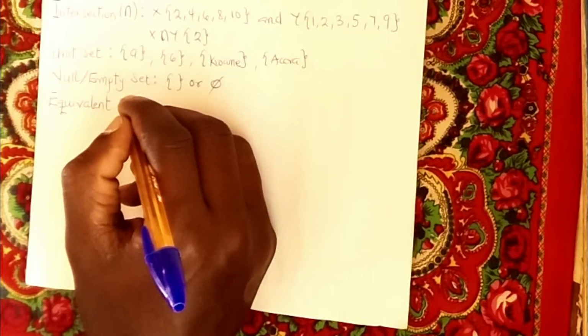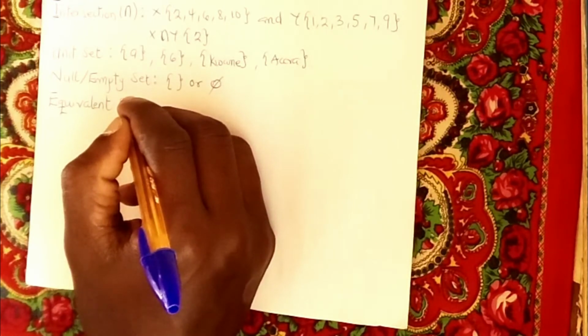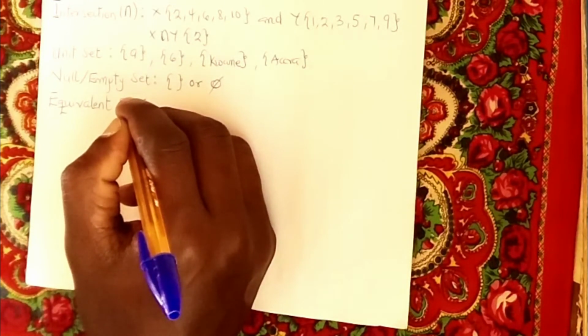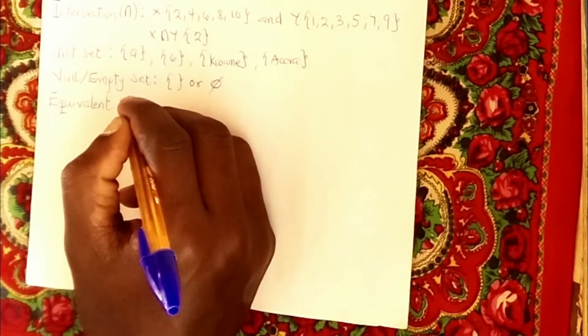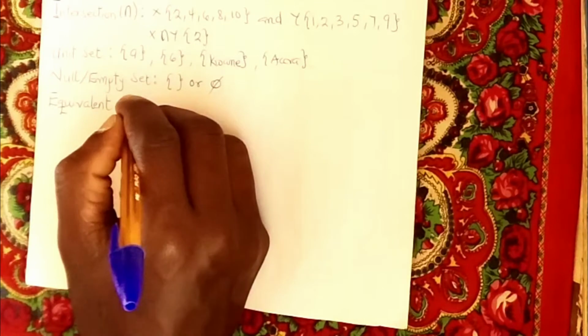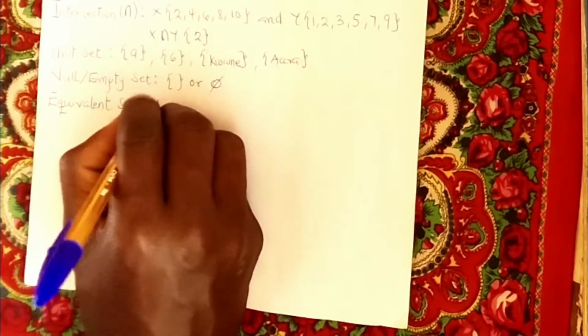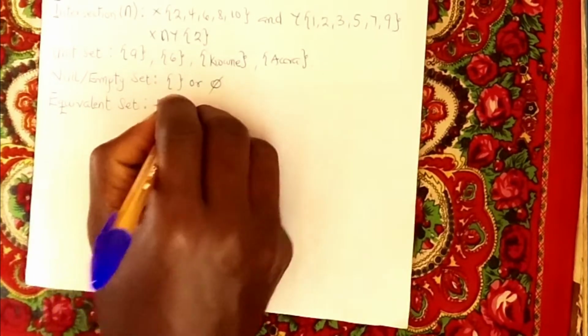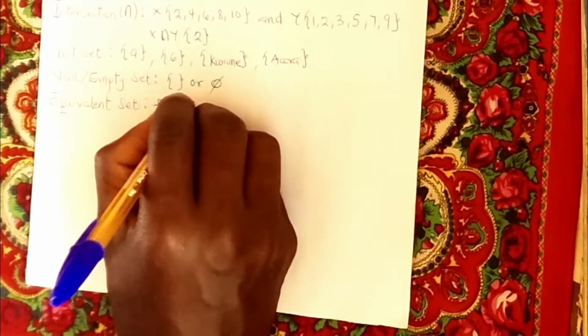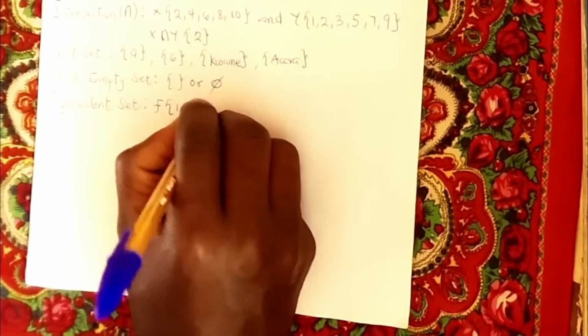The equivalent set deals with two sets. When I talk about equivalent sets, it only occurs when two sets have the same number of elements within them. Therefore, we have a set F. Thus, we have 1, we have 2, and we have 3.